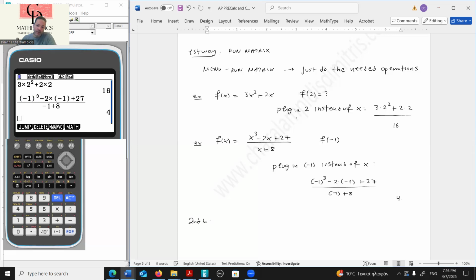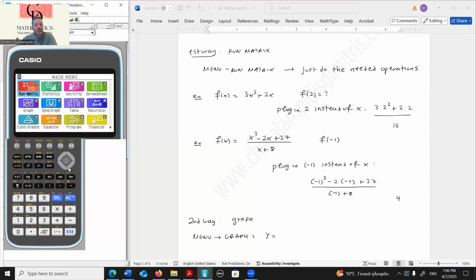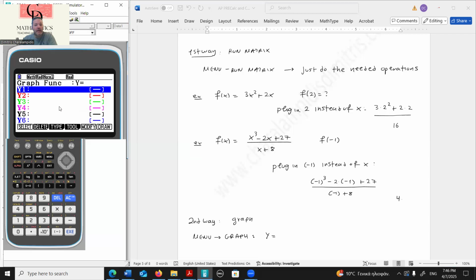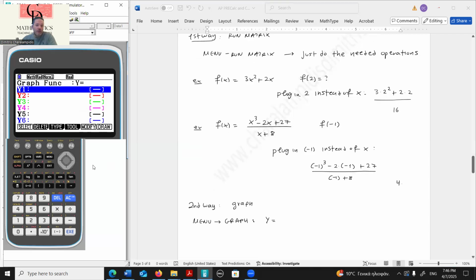In the second way, since we're talking about functions, we will use their graphs. To do so, we go to the menu, then graph, where the Y equals screen pops up, and here we plug in the function's formula.